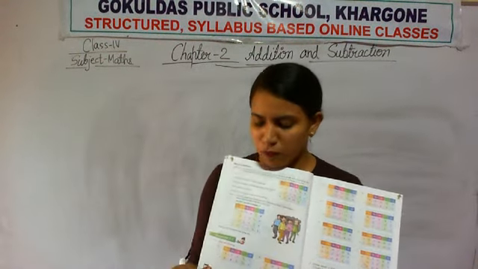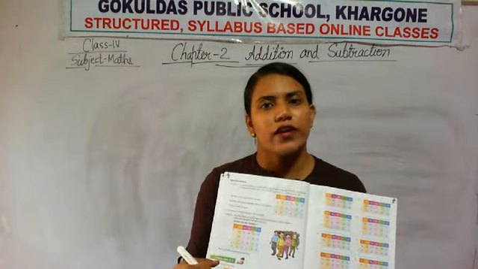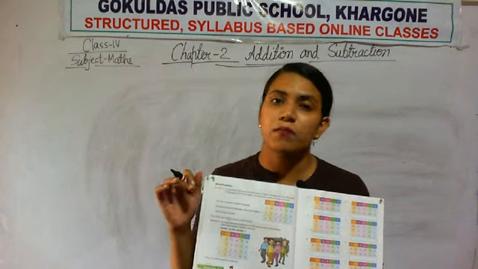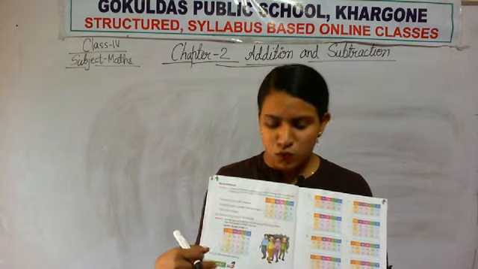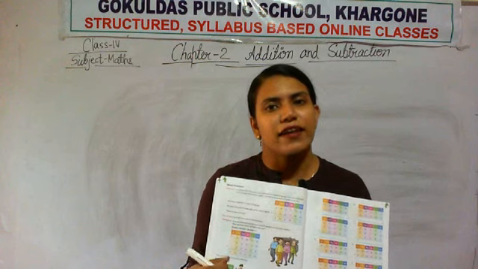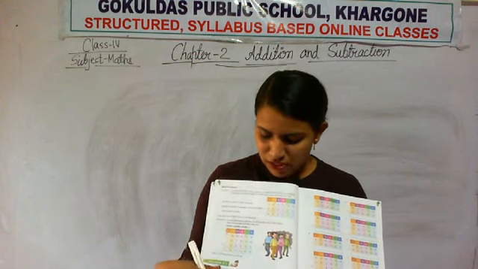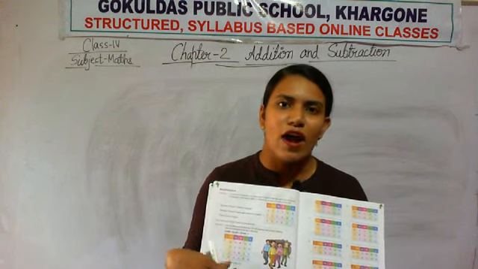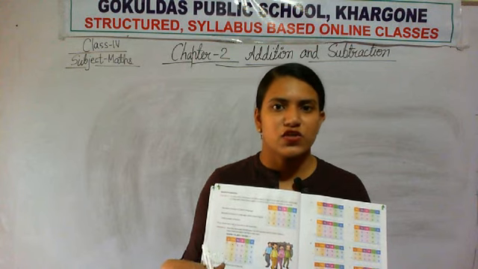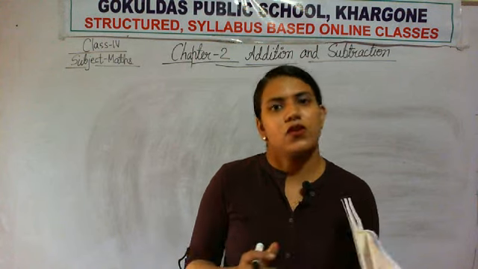We are going to perform question number 1. We are going to perform this question in the book itself. No need to write this question 1 in copy, okay? Because space is given here, so you have to write this question 1 in the book itself.